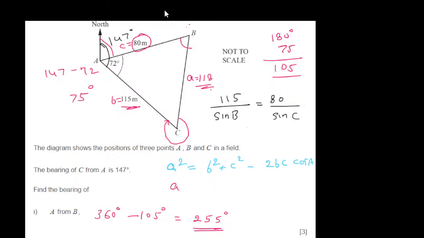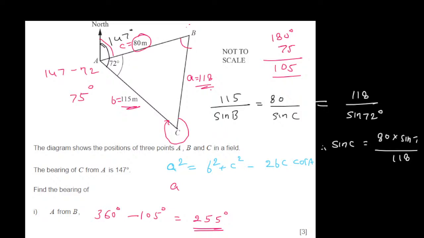Now we can define this whole thing as equal to 118 divided by sine 72 degree. Now I can work out the value of angle C. So first, sine C is what? It's 80 times sine 72 divided by 118.